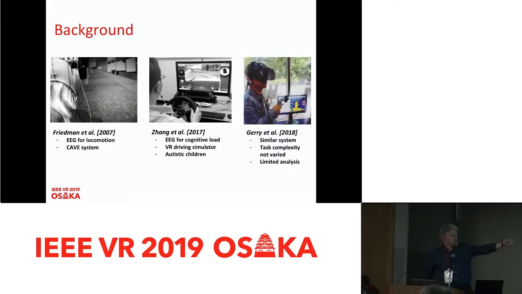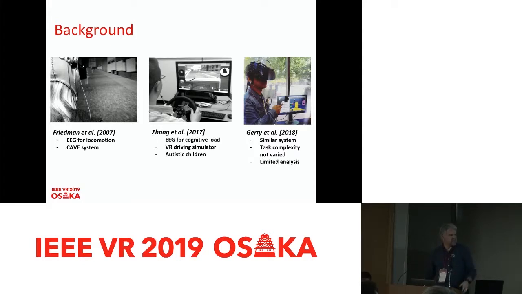On the left here is Friedman's work using EEG for locomotion. So you put the brain cap on, and you can concentrate and start moving through the environment. There are many people, including Anatole, who spoke this morning, about how you could use EEG for brain-computer input. This is another project, Zhang, who did a driving simulator, and he would have people driving and wearing EEG, but in this case, they did not analyze the data till after the person had finished the driving task, and there wasn't any dynamic feedback.